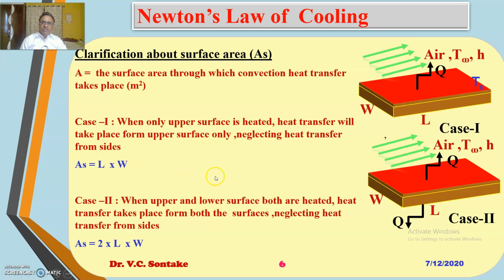Under such a condition, the surface area for case 2 will be 2 into L into W, and let's say the height of this edge is H, so the total area will be 2 into L into W plus 2 into L into H, because there are two such edges, plus 2 into W into H, because there are two such edges.